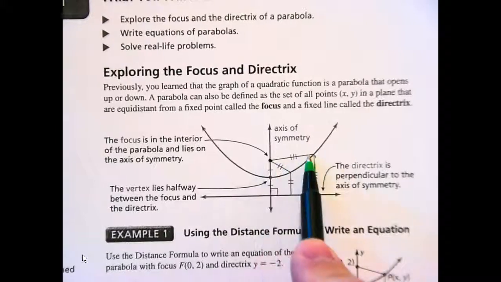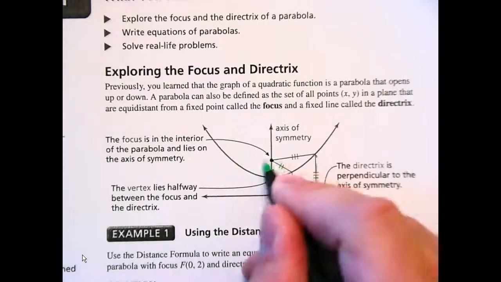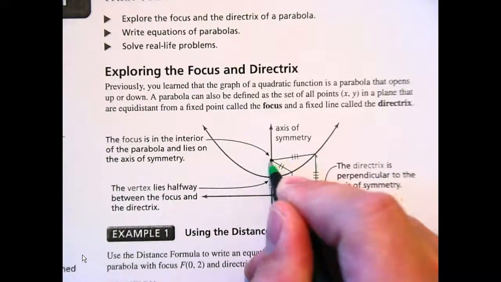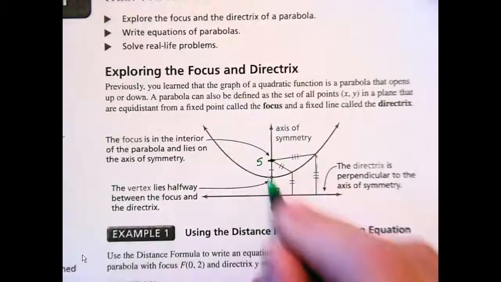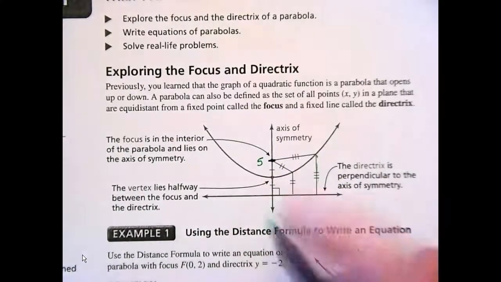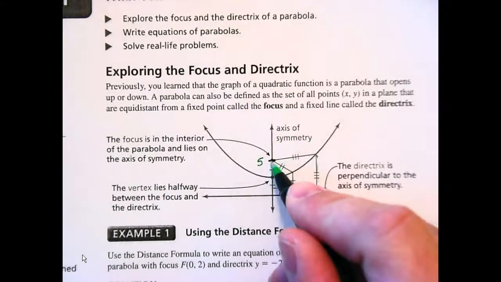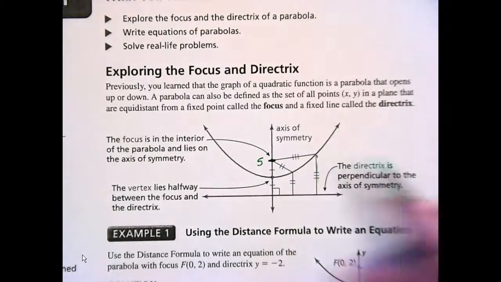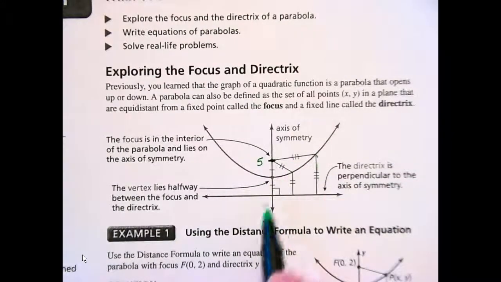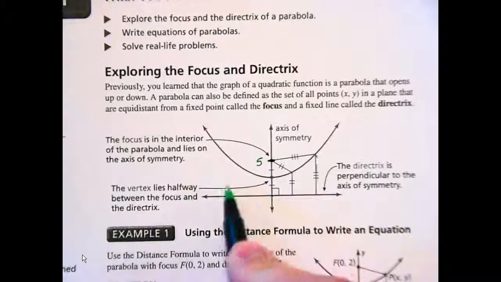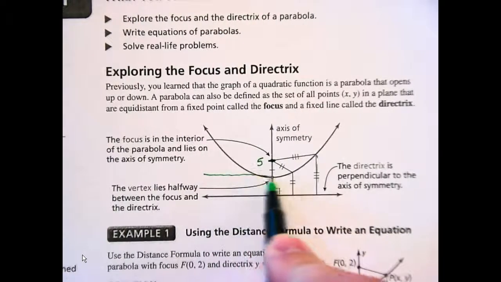What you need to know, and here's the easiest way I think about this. Give me a value here that I can make this. 5. Okay, I like 5 right now. That is 5 on the y-axis. I'm just making up a number. If that's 5, and let's say this is my origin, 0, 0, this distance is the same as this.